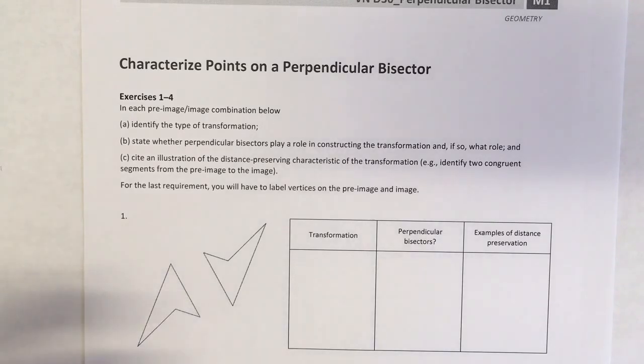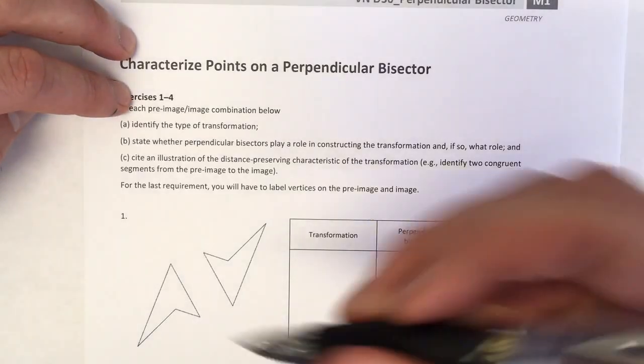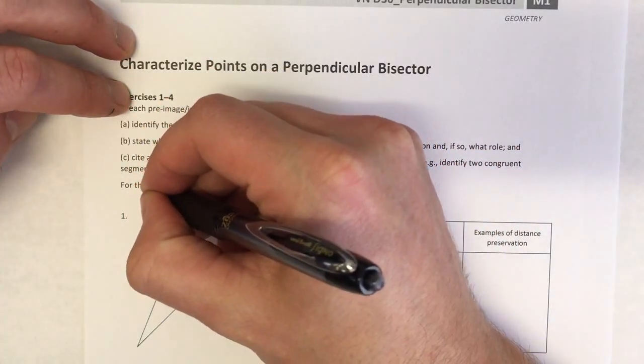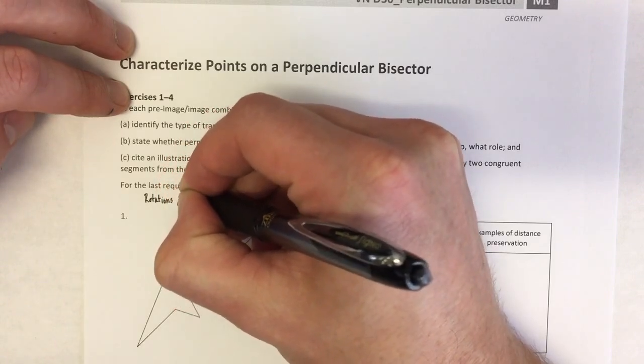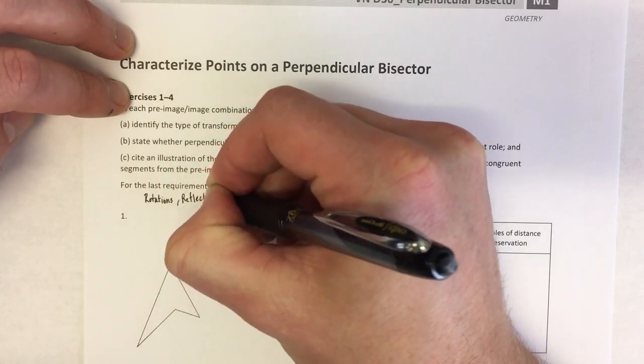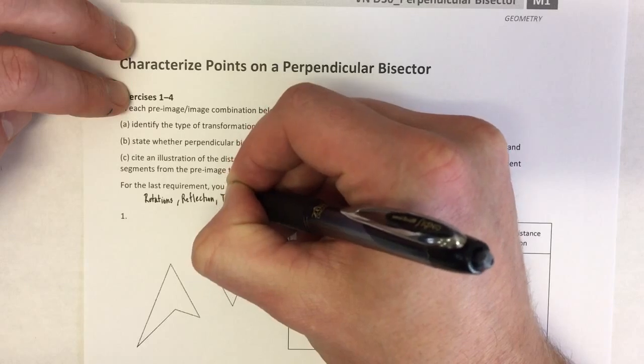And so what you have here is there is some transformation, and the first thing you might want to do, at least this is what I did initially, was kind of go through the transformations that I could possibly have. So we look at rotations, reflections, and translations.